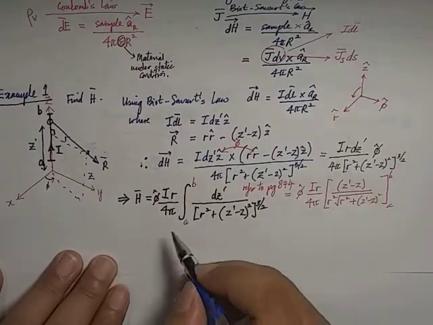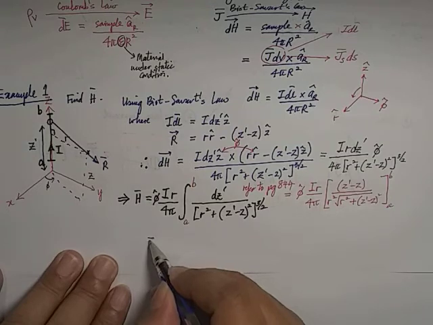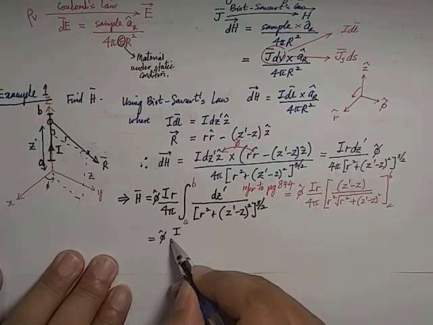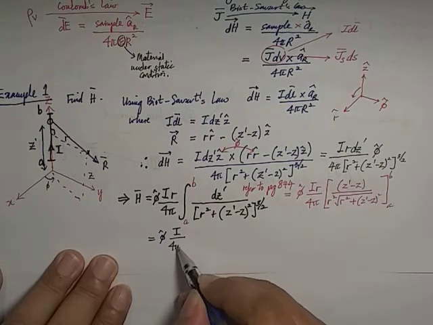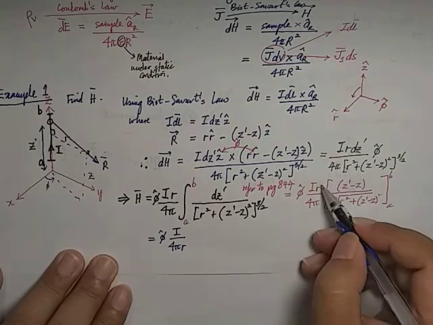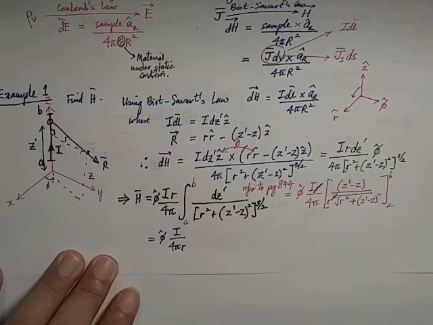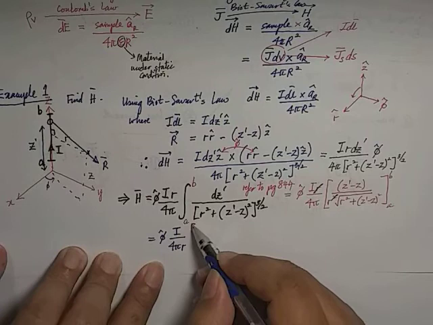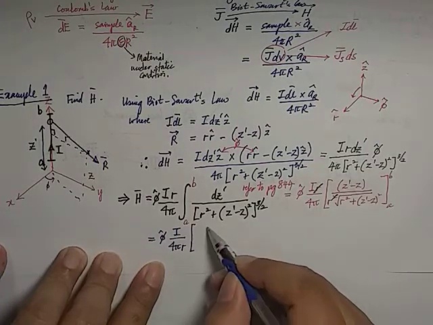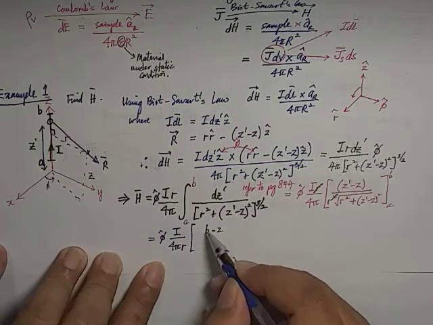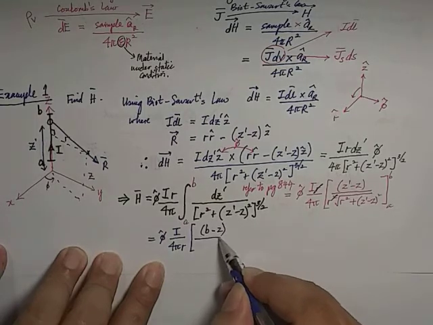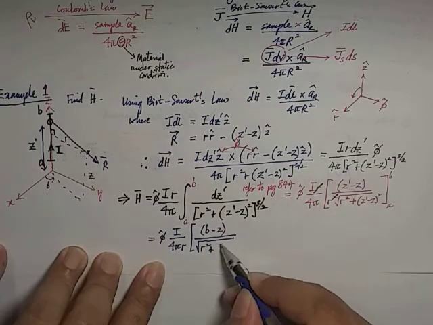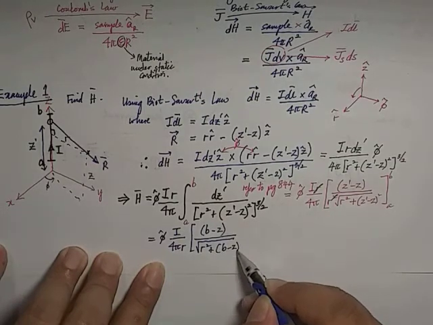So when you do that, what you're going to have now is phi I divided by 4 pi r. Do we agree on that? Because this r and this r square can be cancelled out. So therefore that should be 1, and then I'm going to substitute now. First b, that should be b minus z, divided by the square root of r square plus b minus z square.